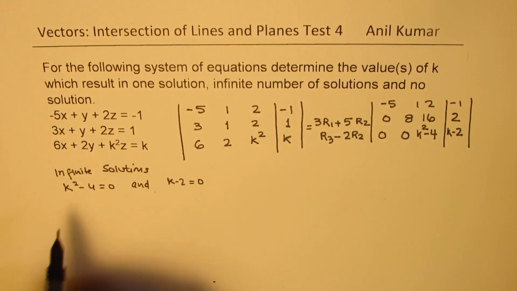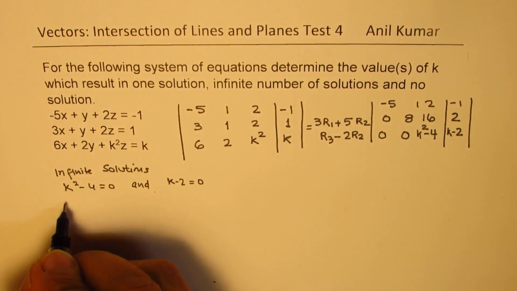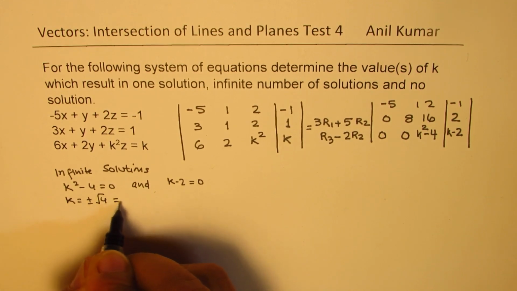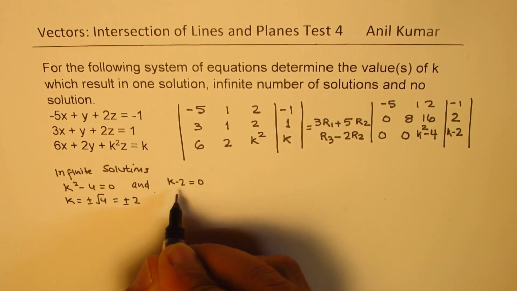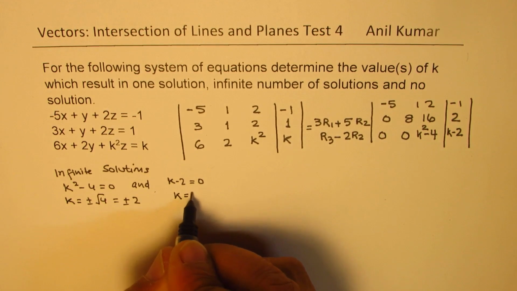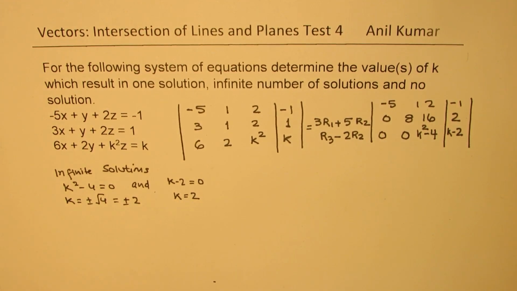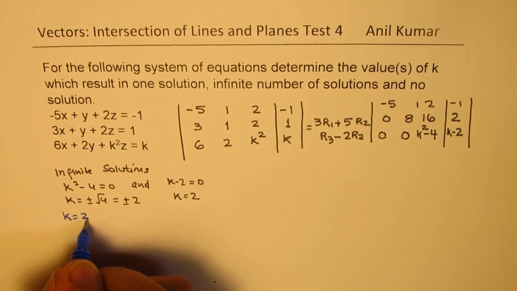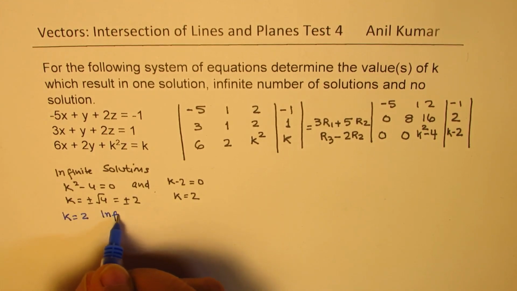You get the idea, right? So if k square minus 4 is 0, then k is equal to plus minus square root of 4, which gives us plus minus 2. And here we get the condition k equals to 2. So as you can see, k equals to 2 means we get infinite solutions.